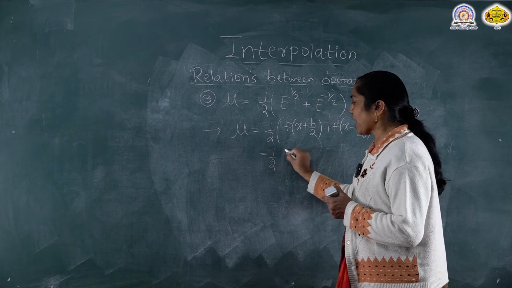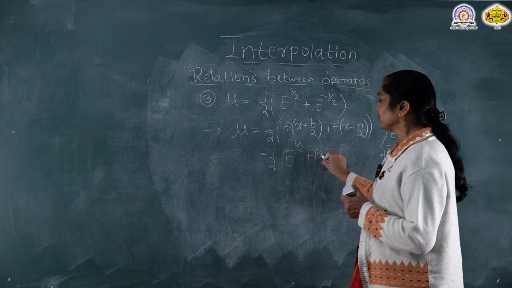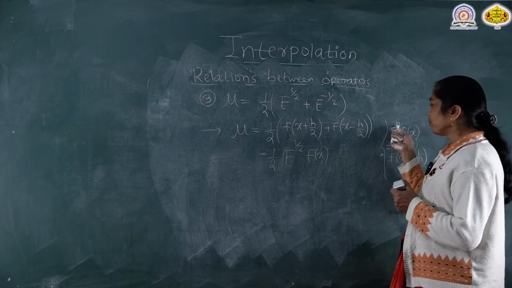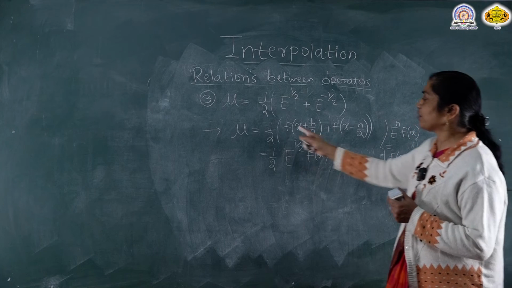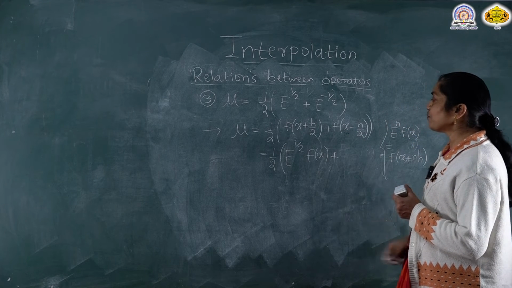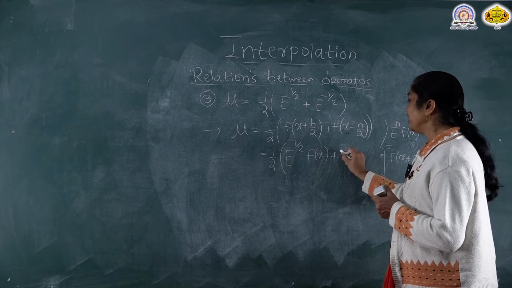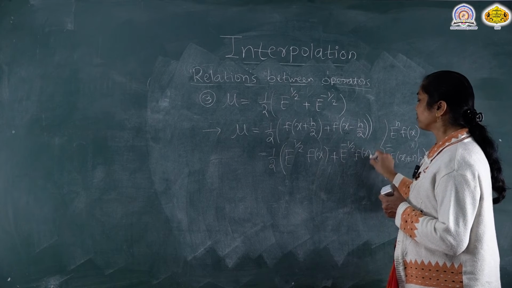So f of x plus h by 2 can be written as E raised to 1 by 2 of f(x). That is, in this formula we are substituting n equal to 1 by 2. Similarly, f of x minus h by 2 is nothing but E raised to minus 1 by 2 of f(x).